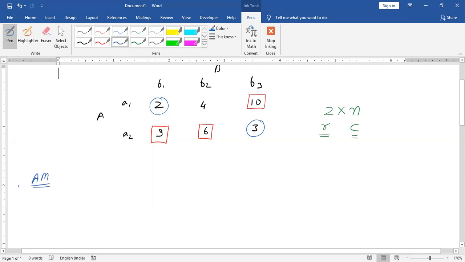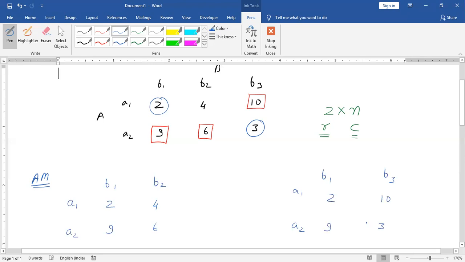In the arithmetic method, first of all, we create different combinations of 2 by 2 matrices. For example, A1, A2, B1, B2 is my first combination. Values are 2, 4, 9, 6. The second combination is A1, A2, B1, and B3: 2, 9, 10, 3.